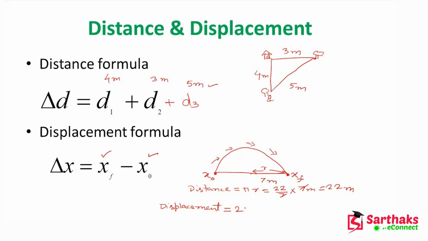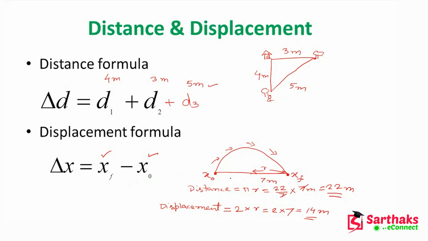So how much is the distance between xf and x0? That is 2 into r. So 2 into 7, that means 14 meter, right? 14 meter. Now you can see that distance is 22 meter here and the displacement is 14 meter here. Okay. So very much clear what is distance and displacement.